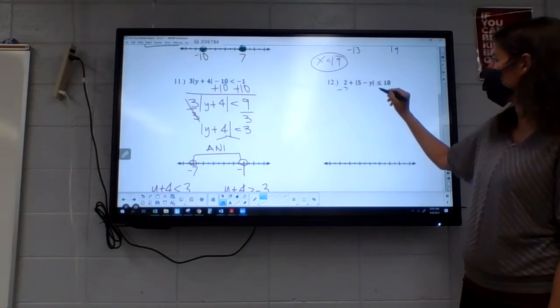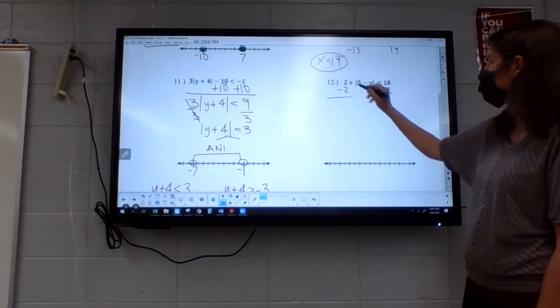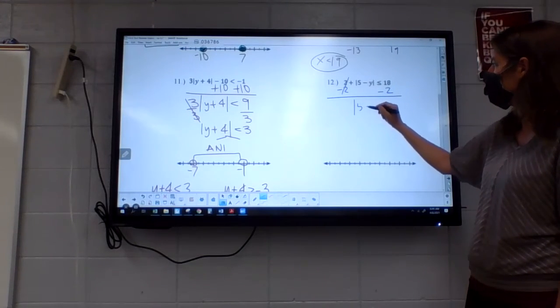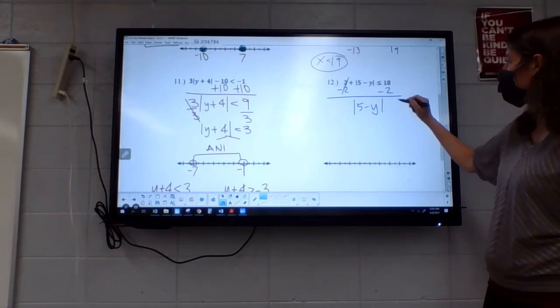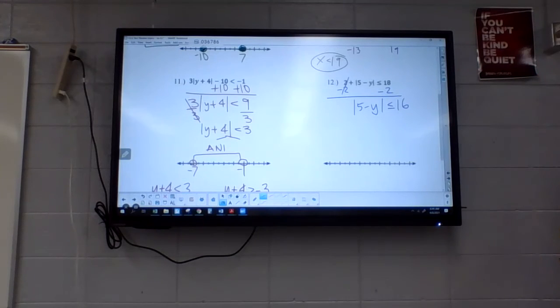So let's get rid of the 2 first. So move that 2 over. Now we're going to divide it into 2 equations.